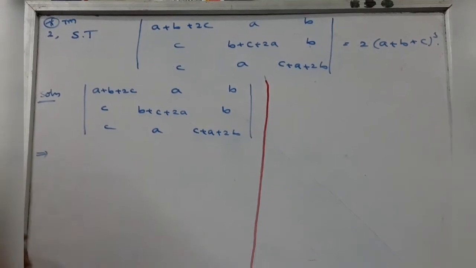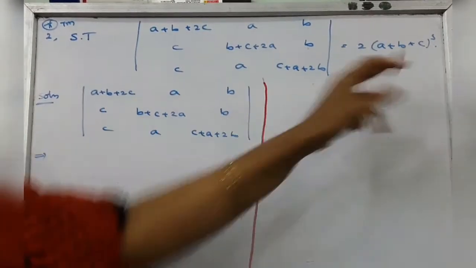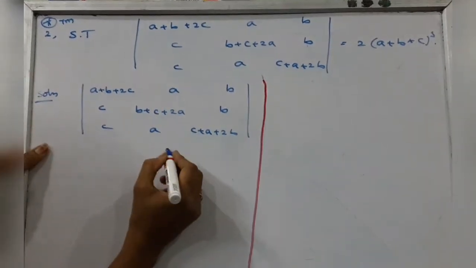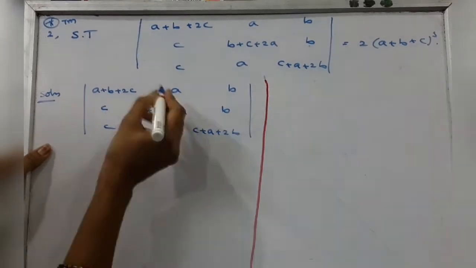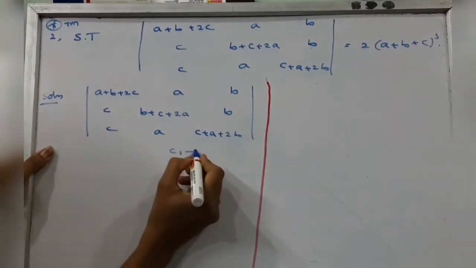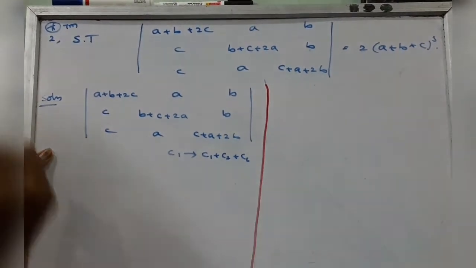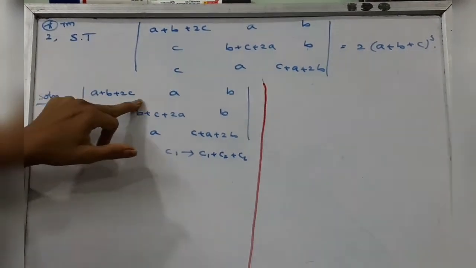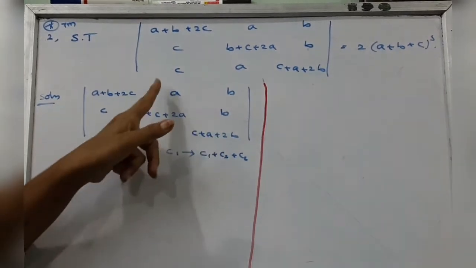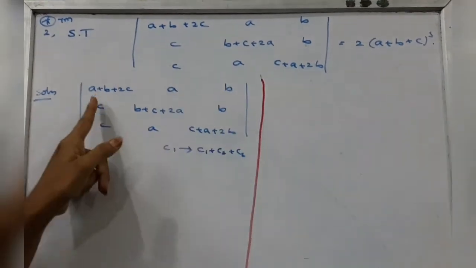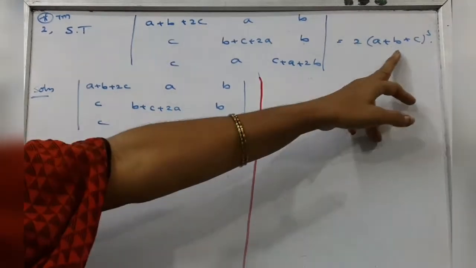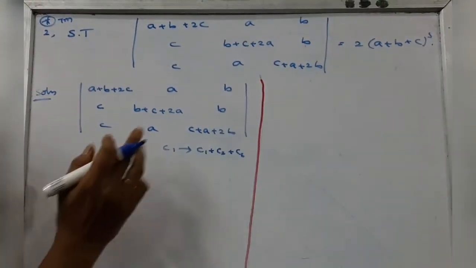We have to prove 2 of (a plus b plus c) whole cube. So we have to add all columns, that is C1 interchanging to C1 plus C2 plus C3. Why? Because a plus b plus 2c plus a plus b, then a plus a is 2a, b plus b is 2b, plus 2c. You get 2 of (a plus b plus c).